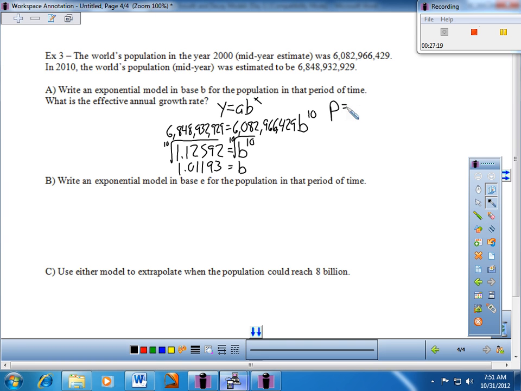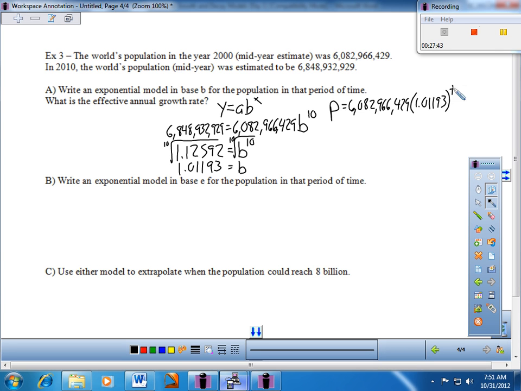And this lengthy number right here, yikes, so 6,082,966,429, and this will be times 1.01193 raised to the t. Okay, I think that is our winner right there.